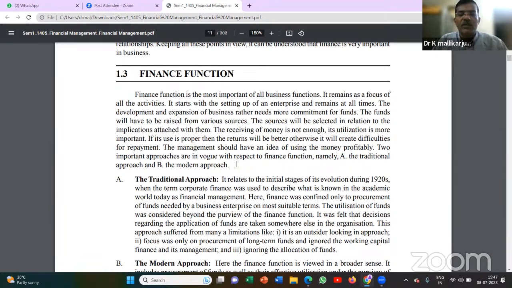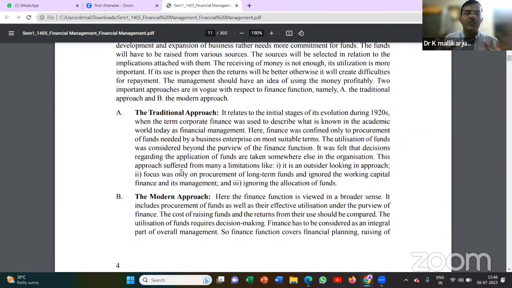If a business model is good, the company balance sheet is also good. If the business model is not good, even with a good balance sheet, the firm can lose its profits. Traditionally, financial management was only the procurement of funds.